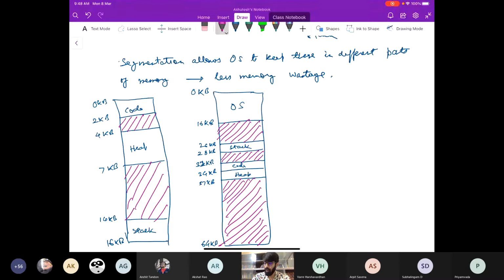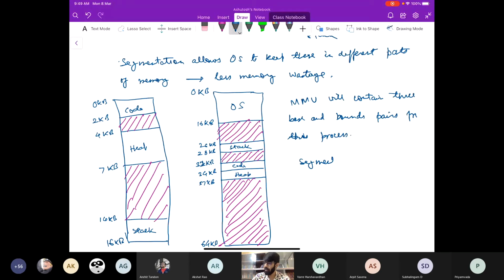Right. And now it will have these three pairs of base and bounds registers. So the bounds register, as last time we saw, will contain the size. So the memory management unit will contain three base and bounds pairs for this process. And what are they going to contain?